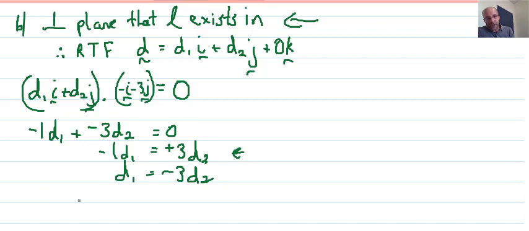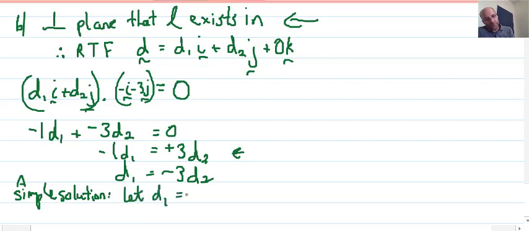So there's lots of solutions to this, so let's look at a simple solution. If we let d1 equal, say, 3, that would mean that d2 equals negative 1, and that's a solution.